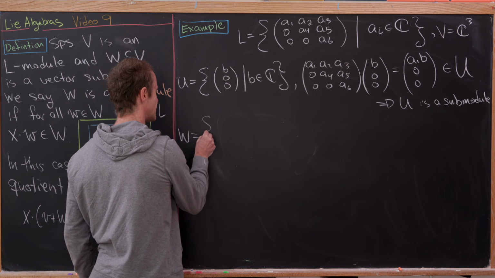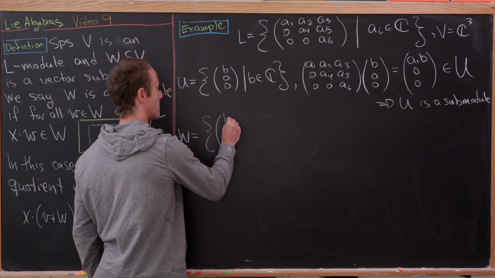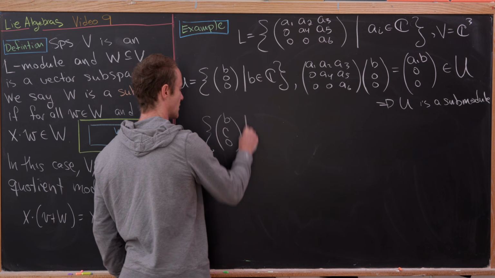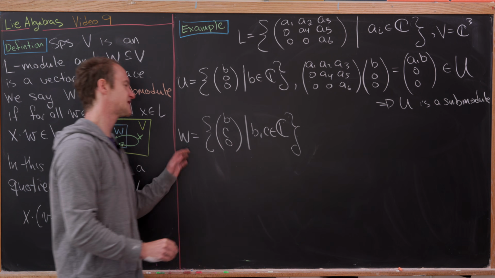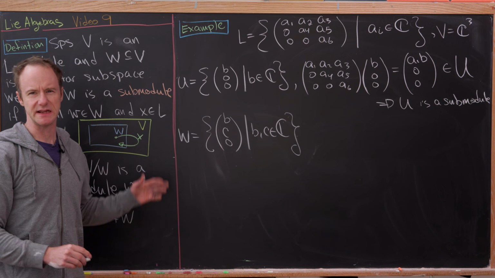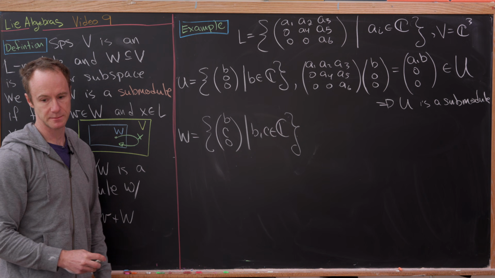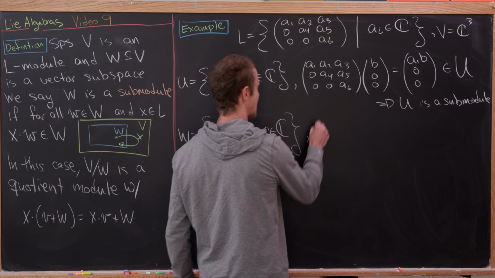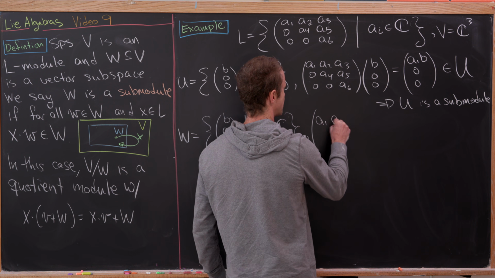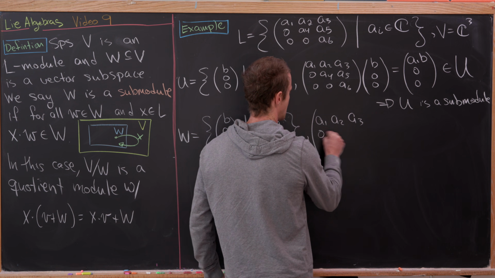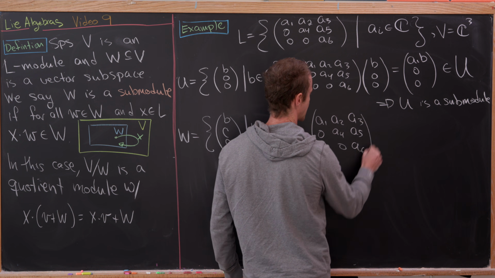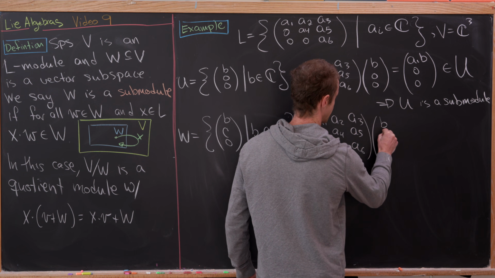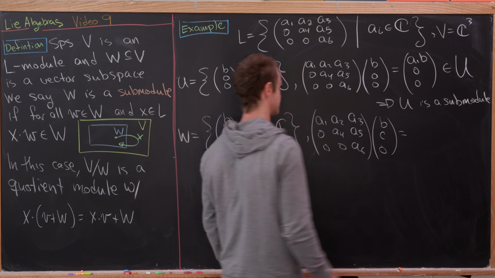Now let's look at another example. So let's take W to be all the vectors of the form (B, C, 0), where B and C are complex numbers. So it's going to be the span of e1 and e2 if you want to use that notation. But now we can play the same sort of game. So let's bring this matrix down and let's see what it does to an arbitrary element of W. So we've got (B, C, 0) there.